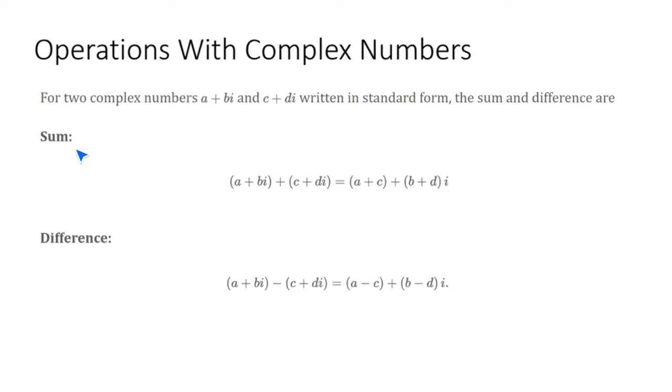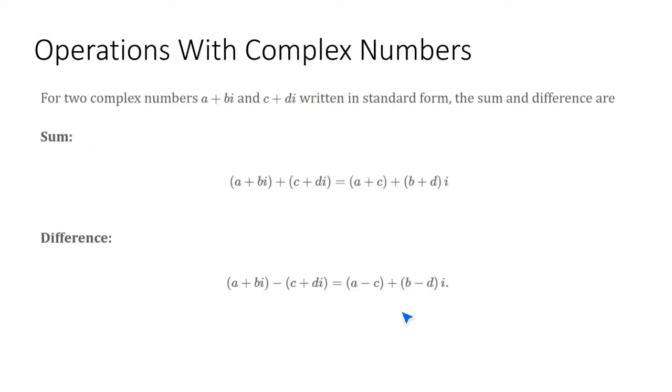I'm going to show you both. The definition, if you're wanting to add, is that you add the real parts first, a plus c. That's your real part. Then you add the imaginary parts, bi plus di, and that's your imaginary part. And for subtraction, we would do the same: a minus c, and then b minus d.